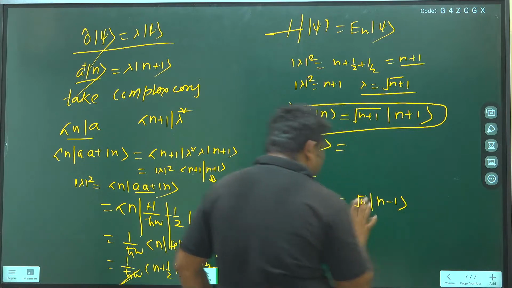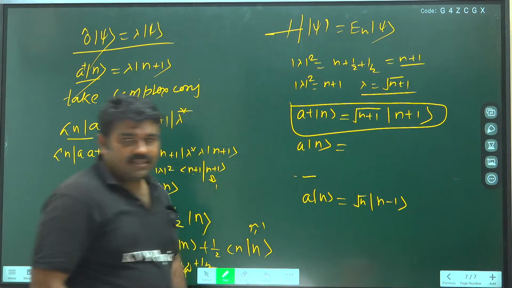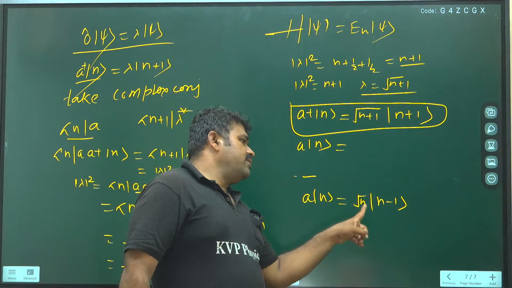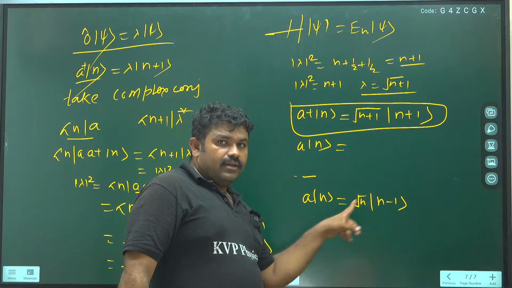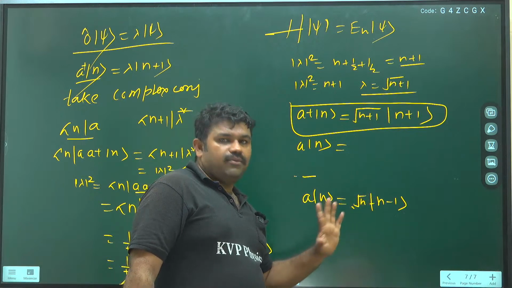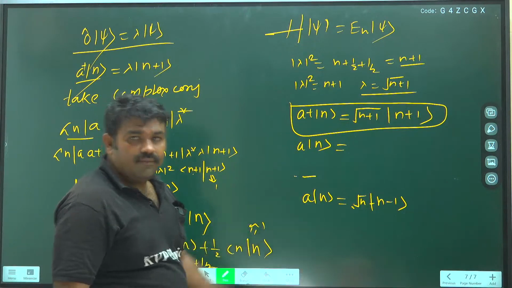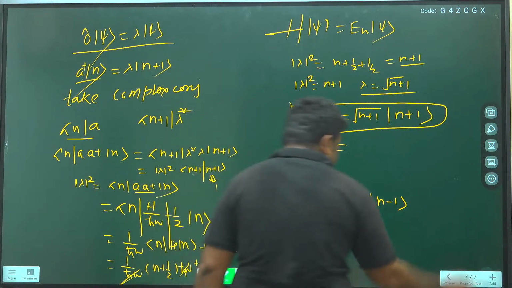When we solve, it will be understood properly, but for now memorize this directly. A operate on any state, what happens? Write down whatever the value in ket inside the root and state decreases by 1, so ket n minus 1. This is the eigenvalue of A. Understand?